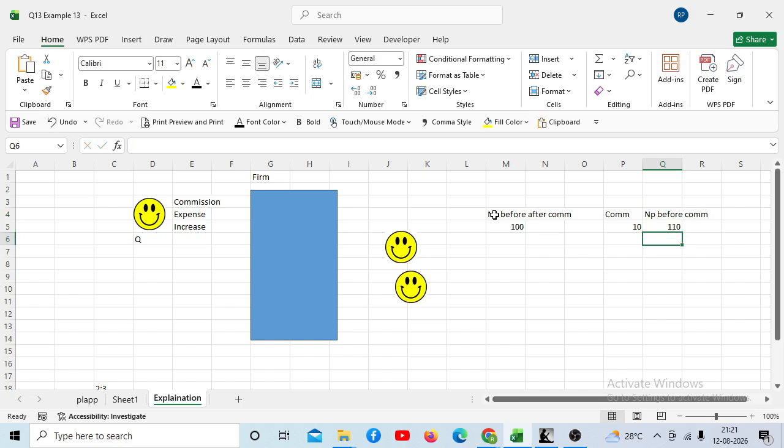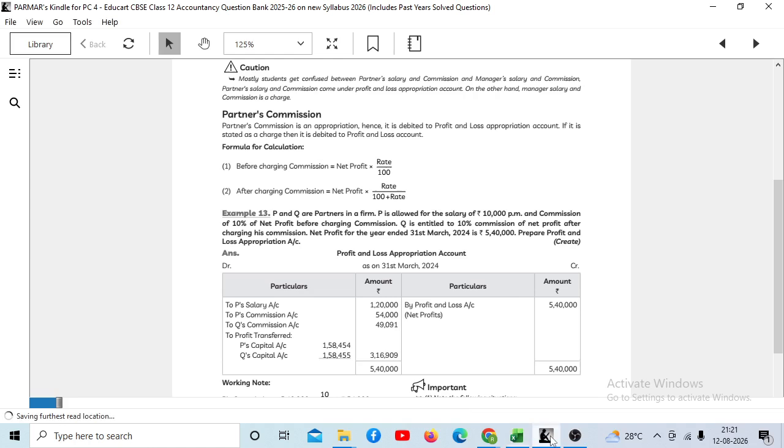Am I right? Now, the profit which is available to us, is it before commission or after commission? This 5,40,000, is this before commission or after commission? Have we subtracted the commission?